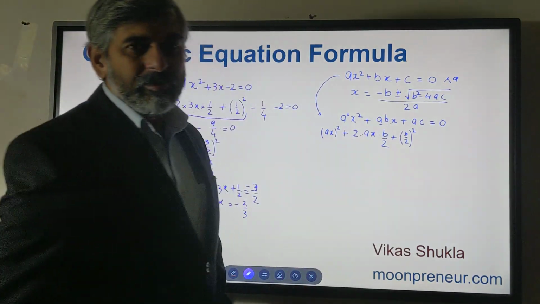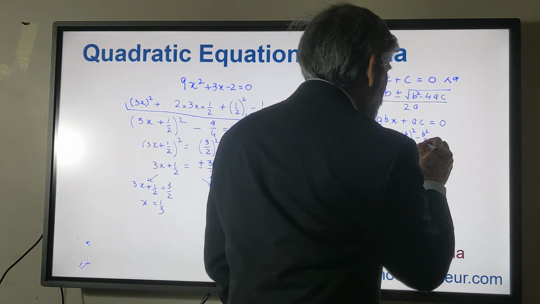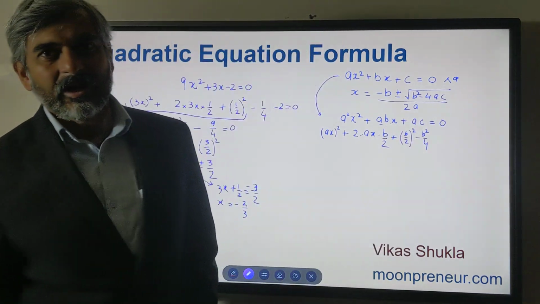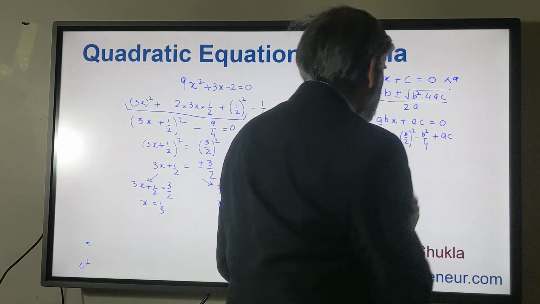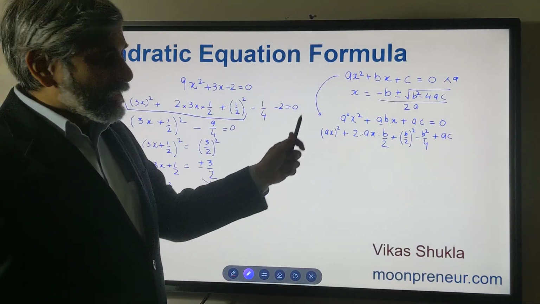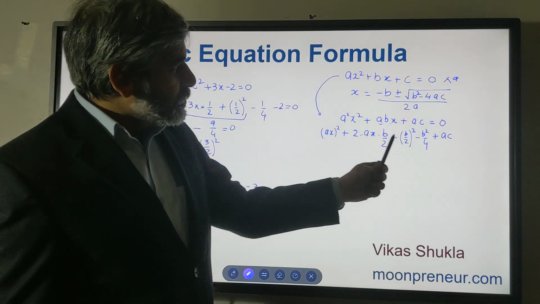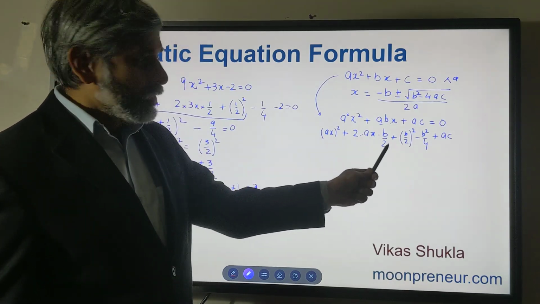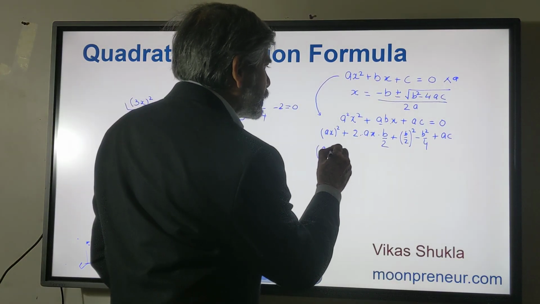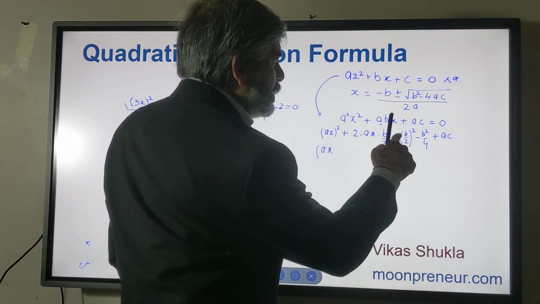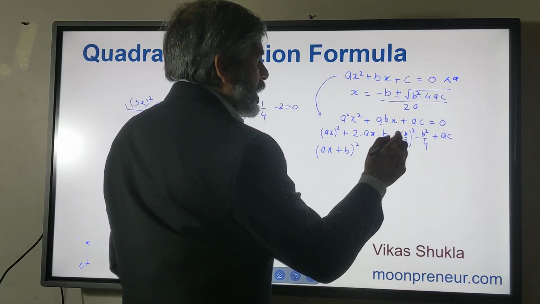And because I added b square by 4, I must also subtract b square by 4, so these two terms cancel out, and then I have plus ac here. So we get the a plus b whole square formula, and I can write it as ax plus b by 2 whole square.